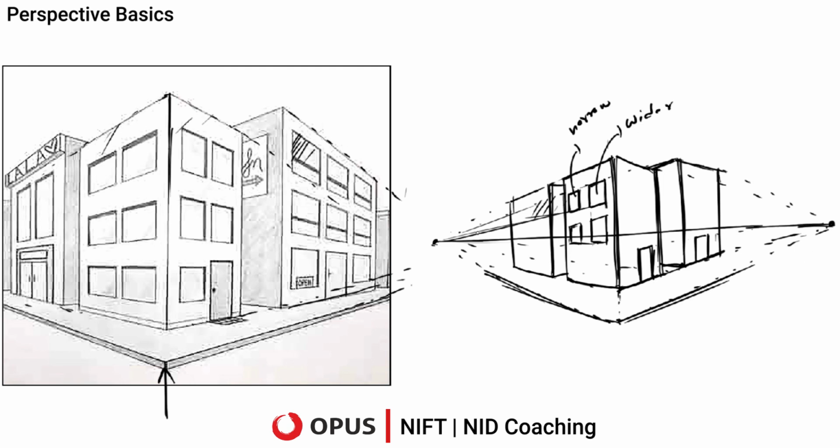And suppose this banner. All the edges shall go and meet at these 2 vanishing points, this is number 1 and this is number 2. So once this concept gets clear, you will be able to draw any 2-point perspective drawing with as much ease as possible.